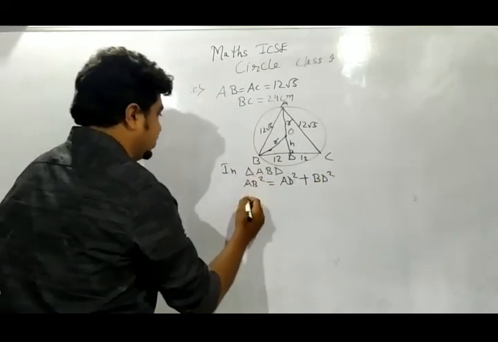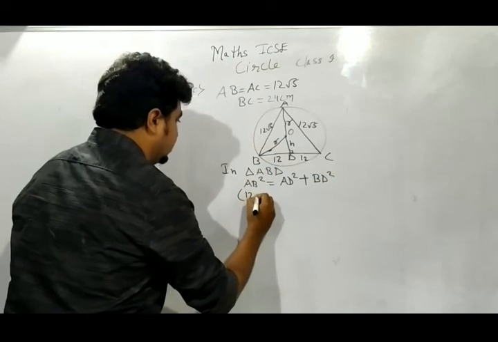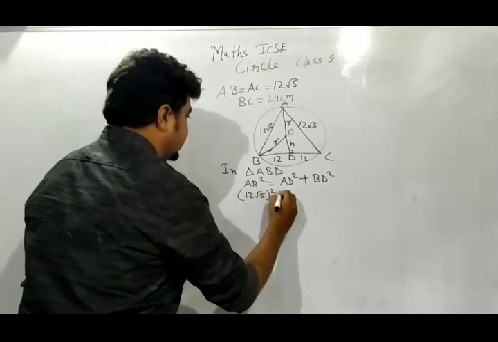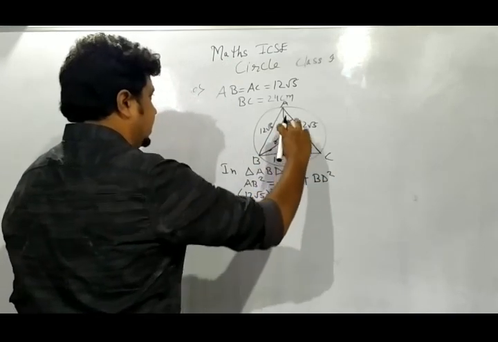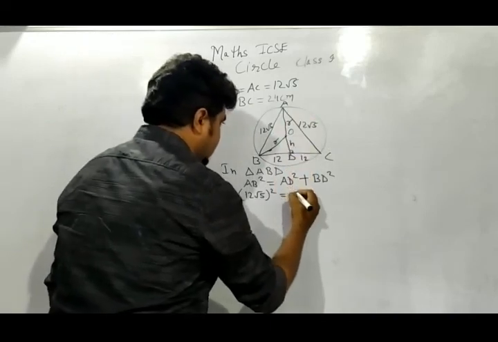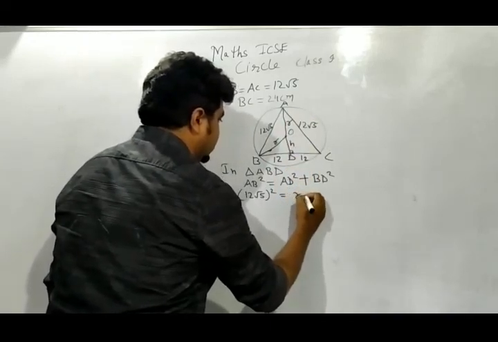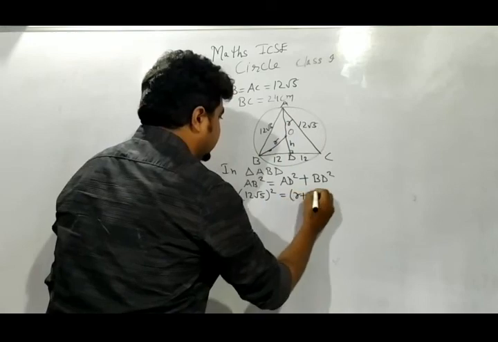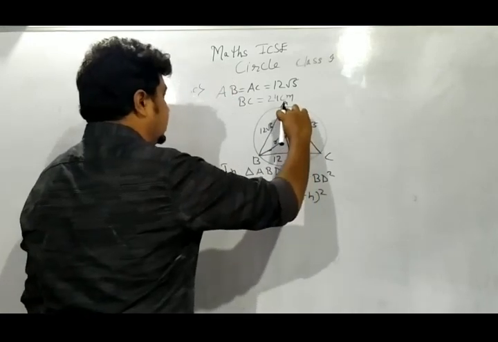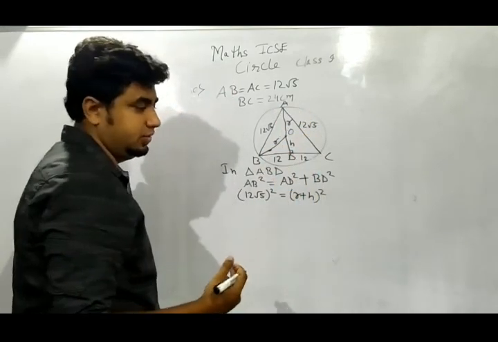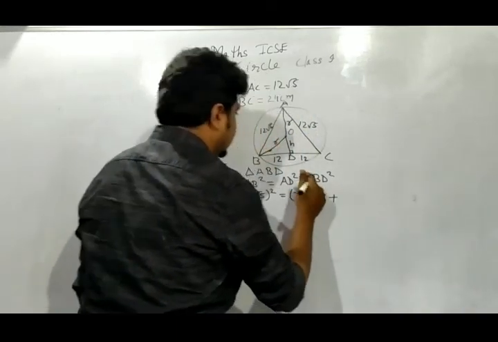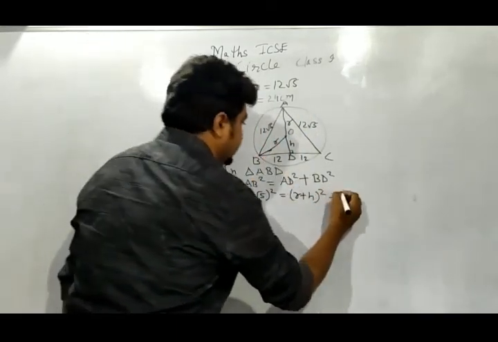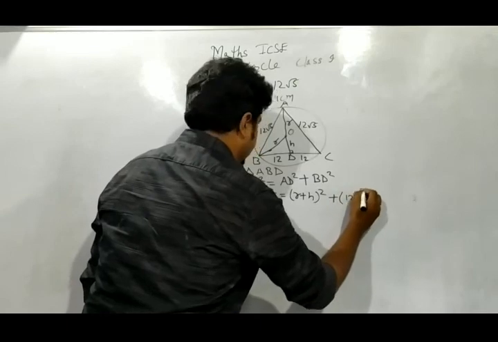So AB value is 12 root 5 whole square is equal to AD square. AD is R plus H whole square, since AO plus OD means AD. And BD is 12 centimeter, 12 square.